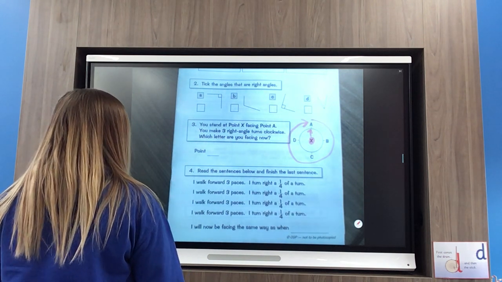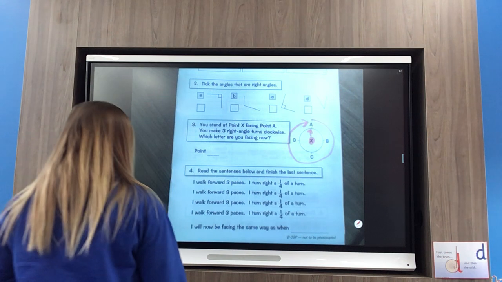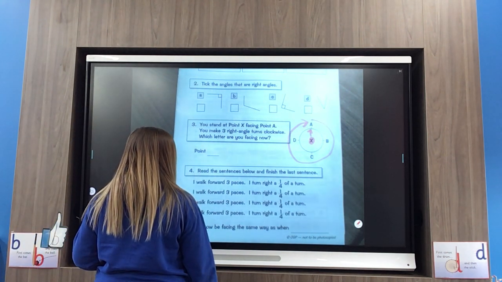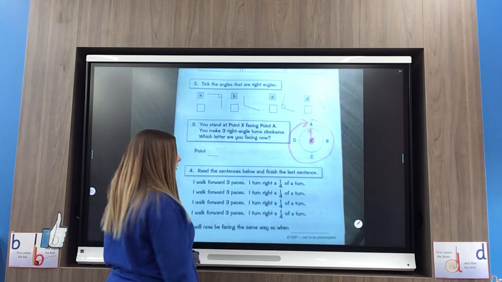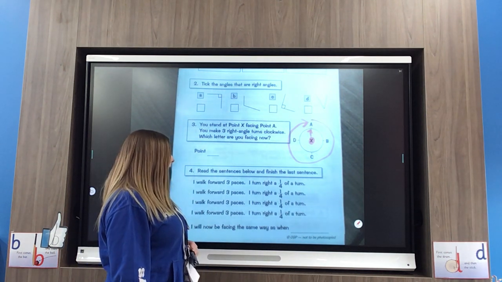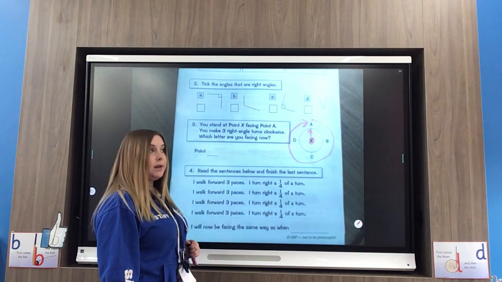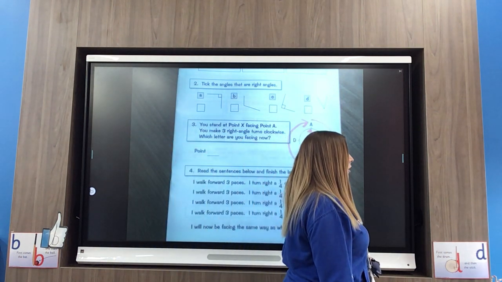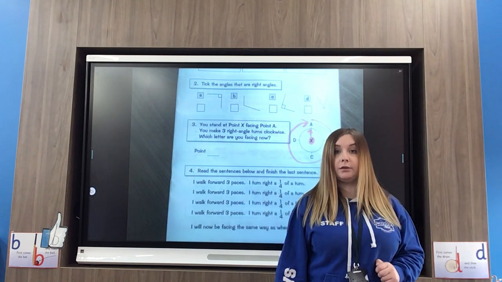I walk forward 3 paces. 1, 2, 3. I turn right 1/4 of a turn. I walk forward 3 paces. I turn right 1/4 of a turn.